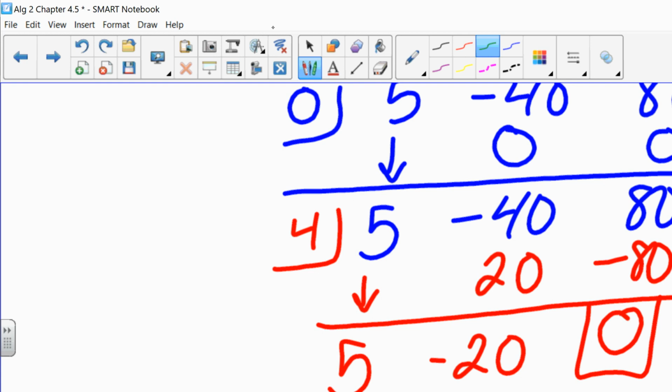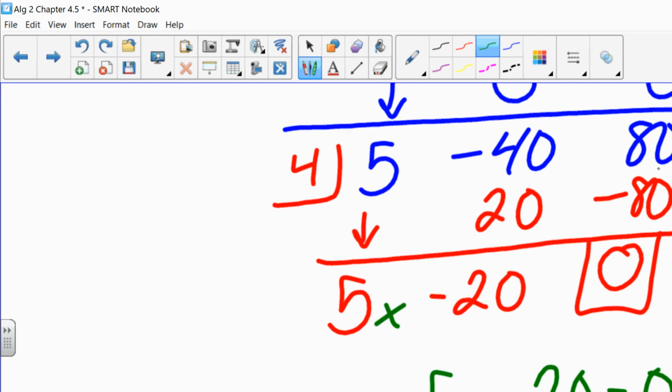Is there another number we want to try next? Is there a number that we could try? Okay. So we can go on and plug the numbers in. We can plug the variables back in, because negative 20 would be our constant term, and we would have 5x minus 20 is equal to 0.